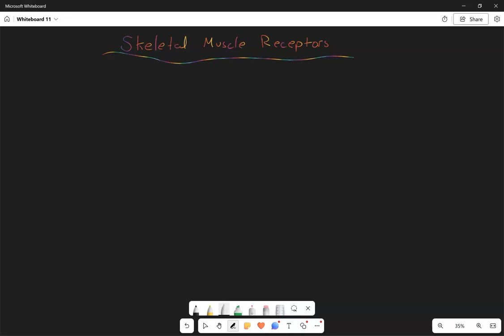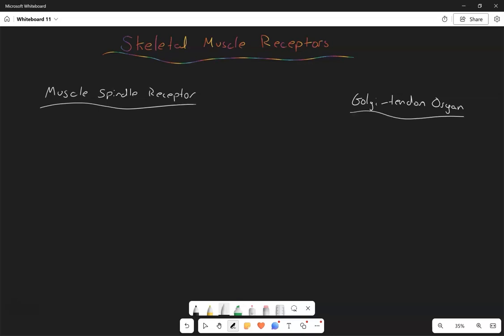And there are two types of receptors that we'll talk about specifically, and one is known as a muscle spindle receptor, and the other is known as a Golgi tendon organ. Okay, so muscle spindle receptors and Golgi tendon organs.